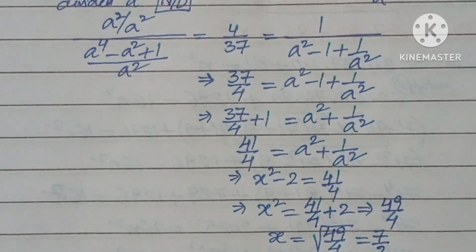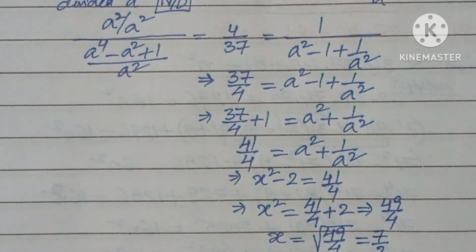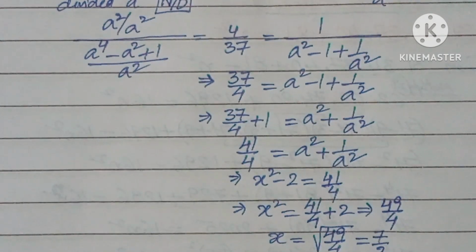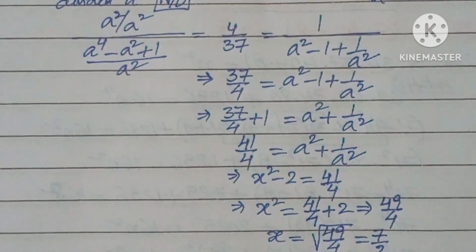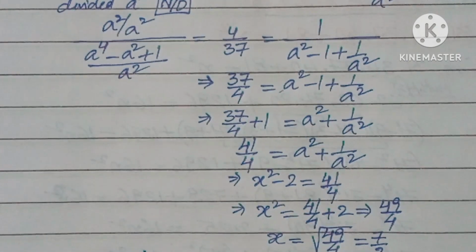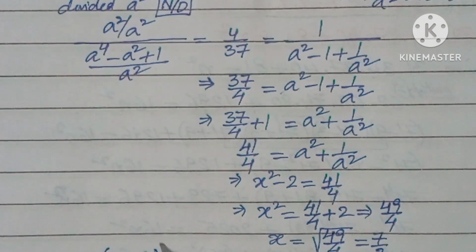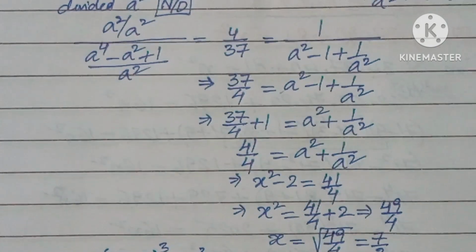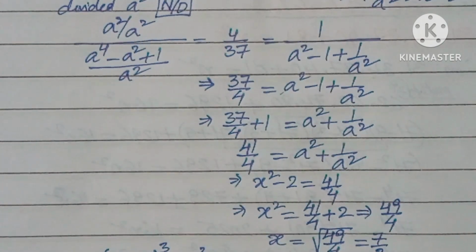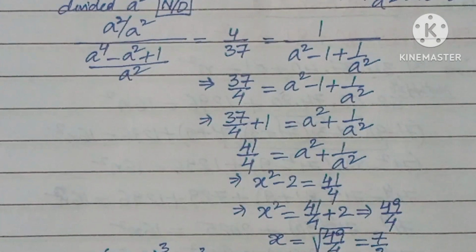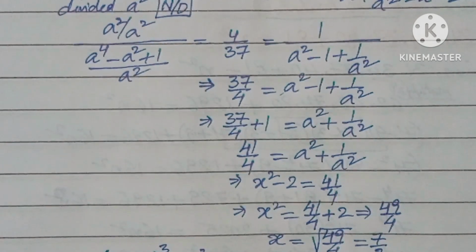Now a plus 1 by a whole cube, I will find now. a plus 1 by a whole cube is equal to a cube plus 3 times a plus 1 by a plus 1 by a cube.